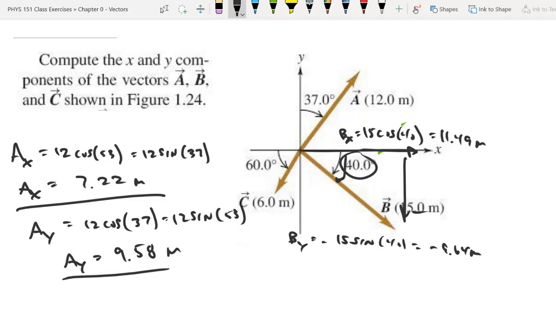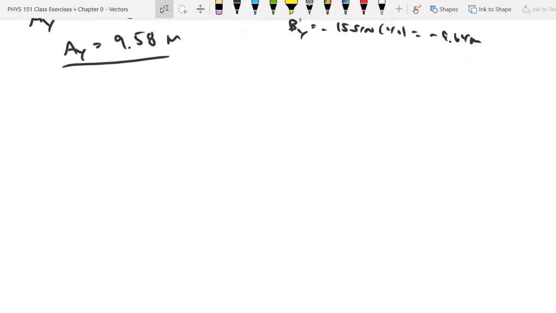Alternatively, we can say that Bx was equal to the magnitude of B times the cosine of 320 in standard position, and that came out to the same 11.49 meters.